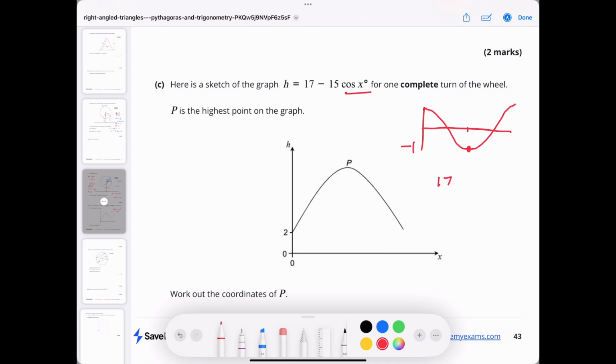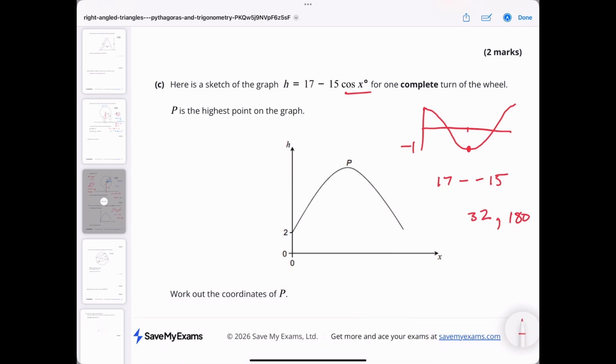So it would be 17 plus 15, which is 32. And so 32 is going to be the height, and that's also going to be 180, because we don't use radians in this. Right, I've got to stop talking.